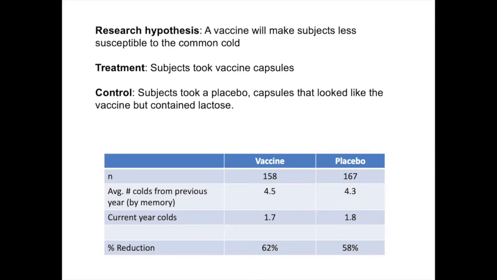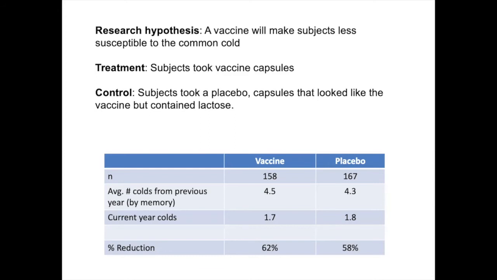In addition to randomly assigning some subjects to receive the vaccine capsules, we would then also need to have our subjects that were assigned to our control group receive a placebo that otherwise looked exactly the same, but didn't have the active vaccine within it, in order to make sure that our subjects were unaware of which treatment they were being exposed to.